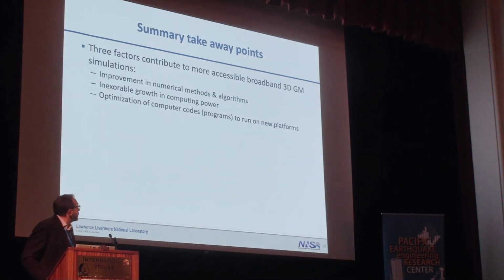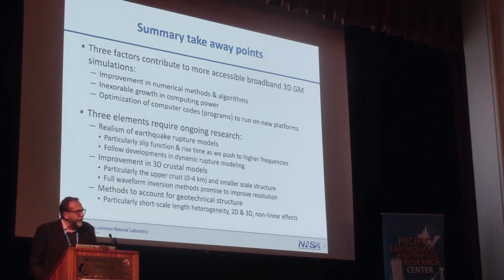So to summarize, there are 3 factors that really make these calculations accessible: improvements in methods and algorithms, computers that just keep getting faster and more powerful, and the need to optimize our codes to run on those platforms as they become available. And there are three elements we really need to keep our eye on so that, as seismologists, we're generating ground motions that are realistic.